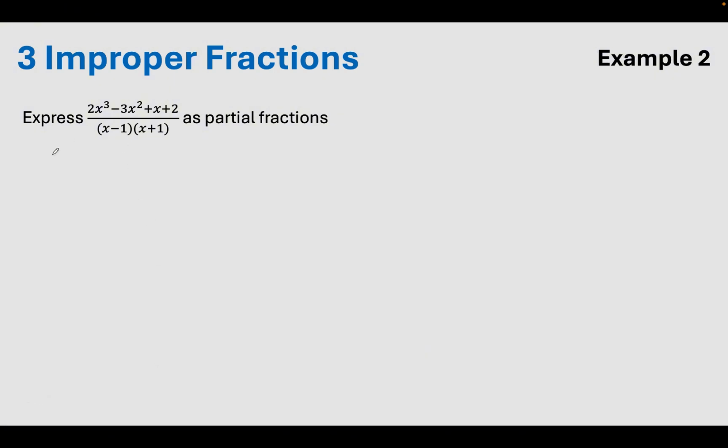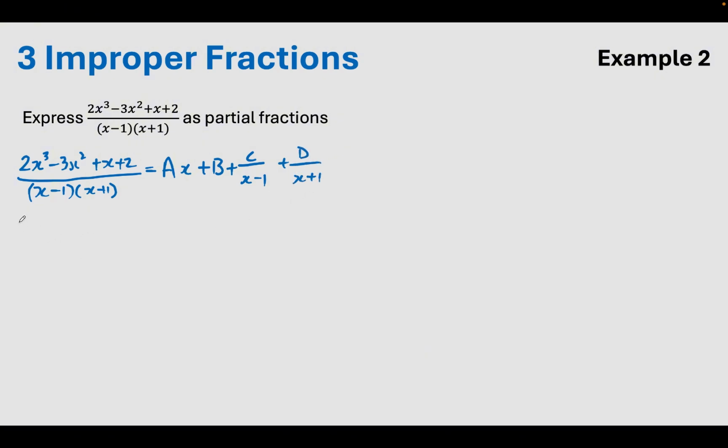Okay, let's take a look at example 2. So 2x cubed minus 3x squared plus x plus 2 all over (x minus 1)(x plus 1). Now, this is a cubic over a quadratic, so when I divide through, I'll get ax plus b plus c over x minus 1 plus d over x plus 1.